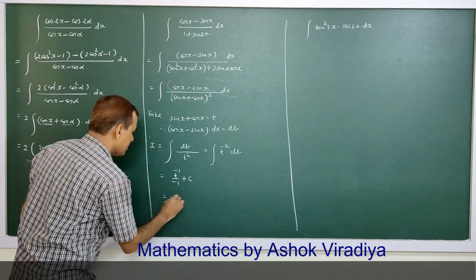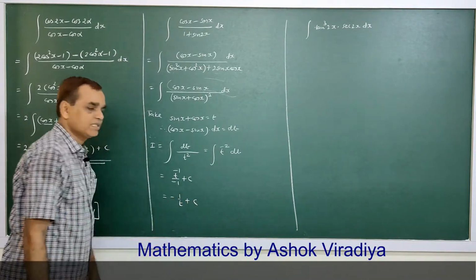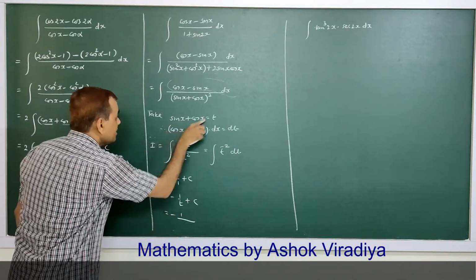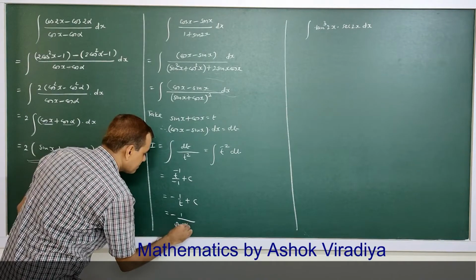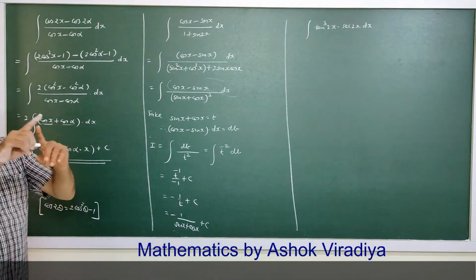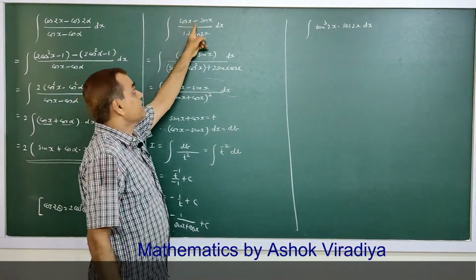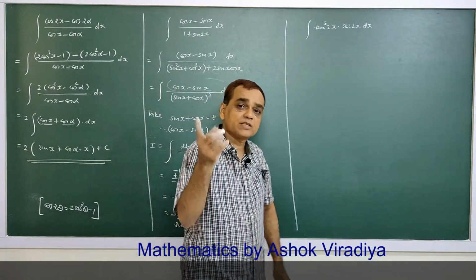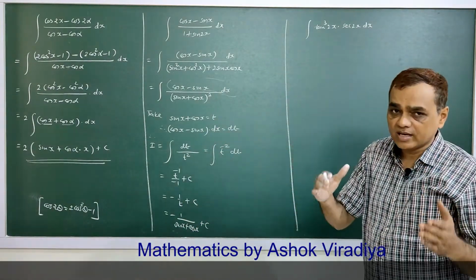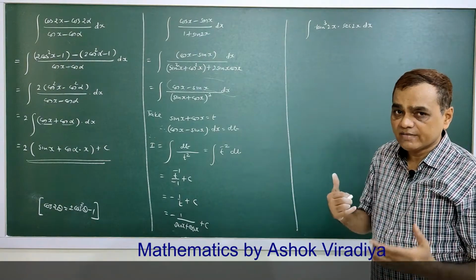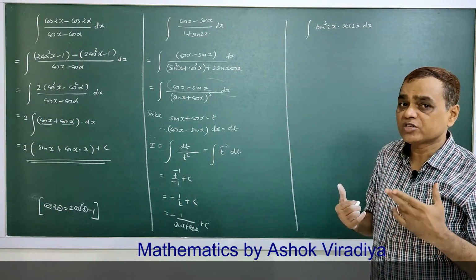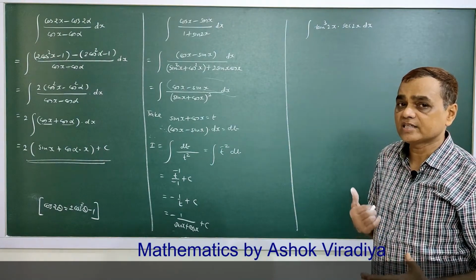So this is minus 1 by t plus c. And value of t is sin x plus cos x. So whenever in any question cos x minus sin x given or cos x plus sin x given, think that it is derivative of which expression. Produce that expression in denominator and take it as a t.